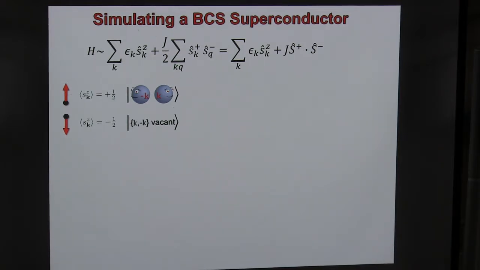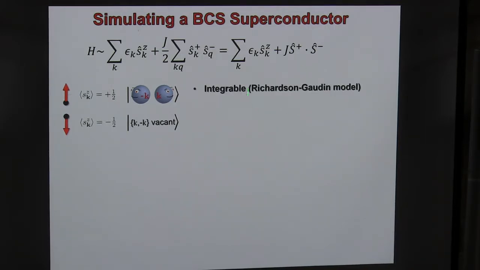K and Q are the momentum modes. And you can sum some of these terms, and you have a collective S plus S minus term. So you can see this Hamiltonian is very similar to the one we have. We have an additional S squared term, but because the magnetization is conserved and actually zero, that term doesn't matter. So the Hamiltonian is actually the same.